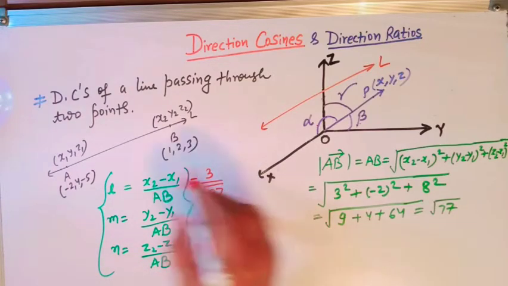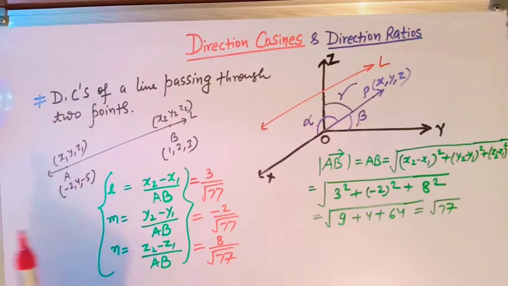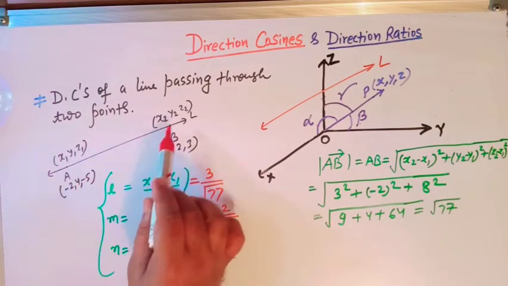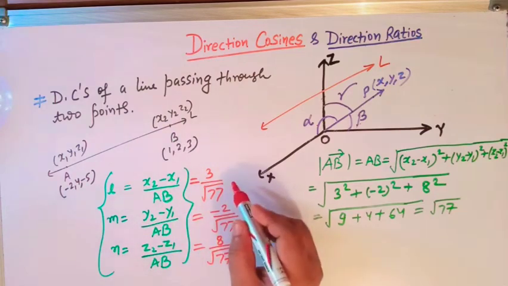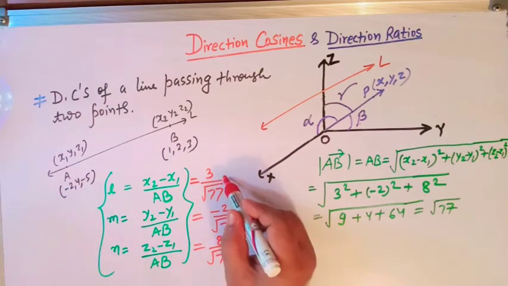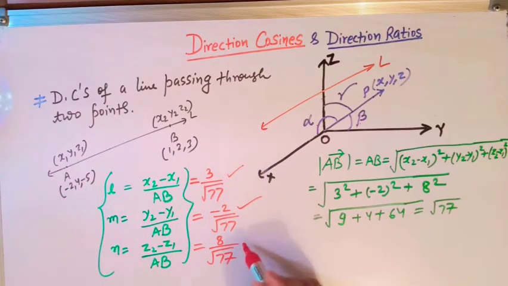So the direction cosines of a line passing through 2 points x1 y1 z1 and x2 y2 z2 can be calculated by this formula, and for this example here the direction cosines are 3 by square root of 77, minus 2 by square root of 77 and 8 by square root of 77, right?